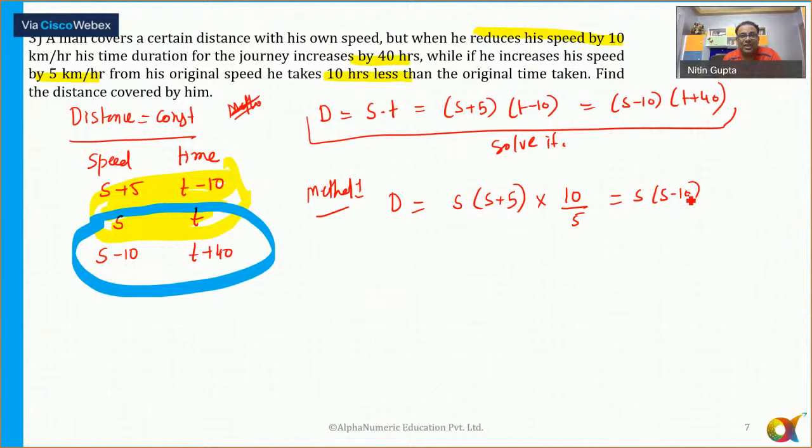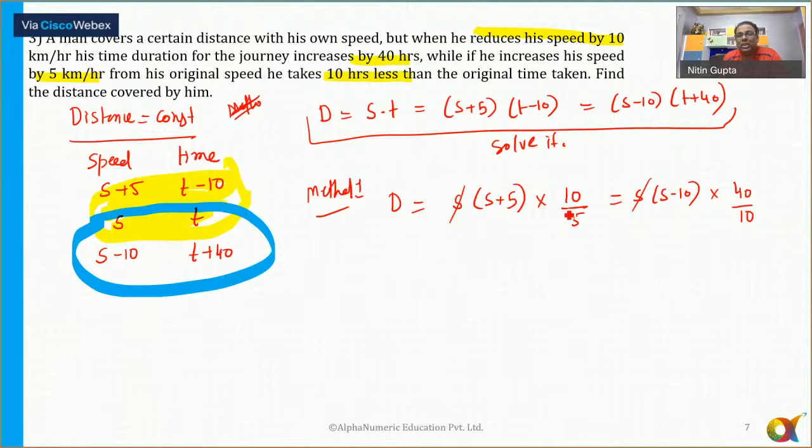So s into s minus 10, into the change in time, which is 40, upon the change in speed, which is 10. Now you can easily see that s and s will get cancelled here.